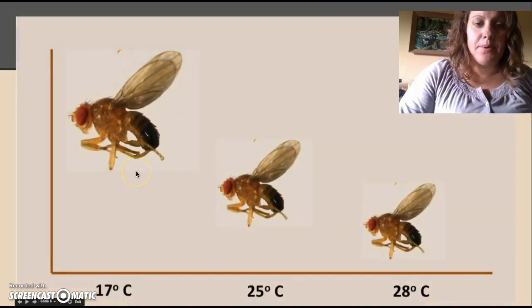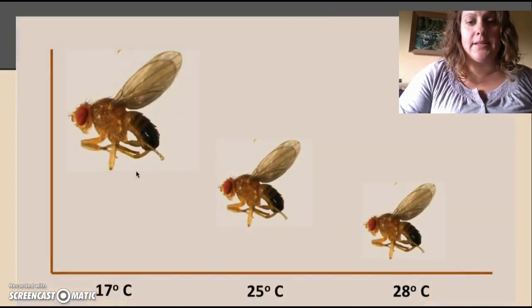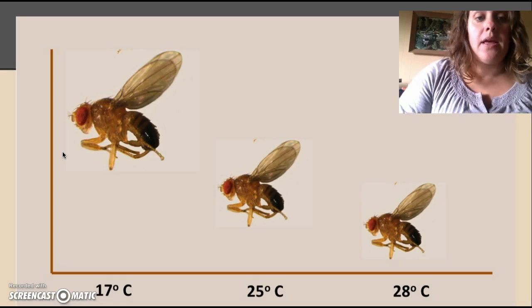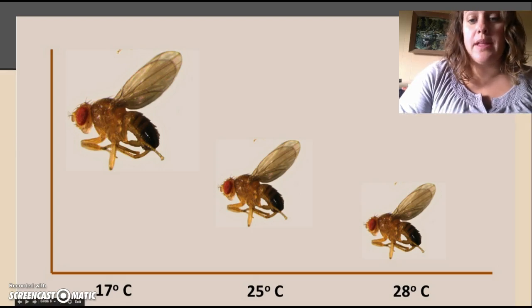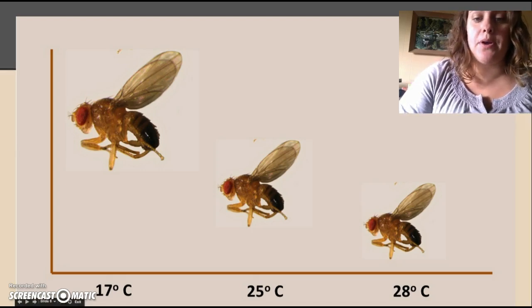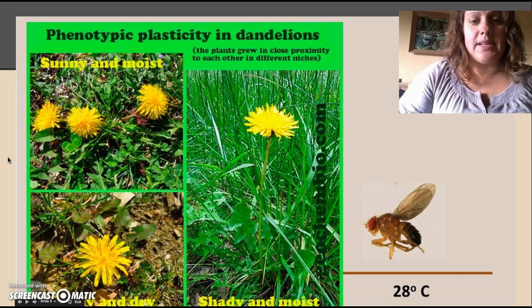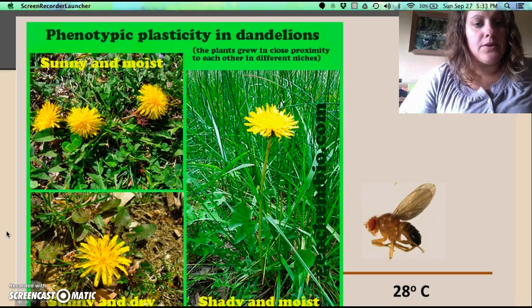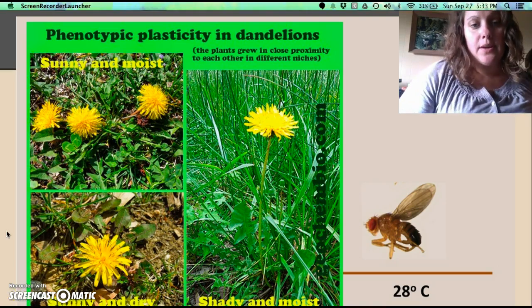And here are some examples of phenotypic plasticity in some organisms. Here are some insects that have a different size based on the temperature. And in this case, we're again looking at the same genotype in all of these flies, but a different expression of that gene. Here's an example with dandelions. They grow with a different phenotype, even though their genotypes are the same.